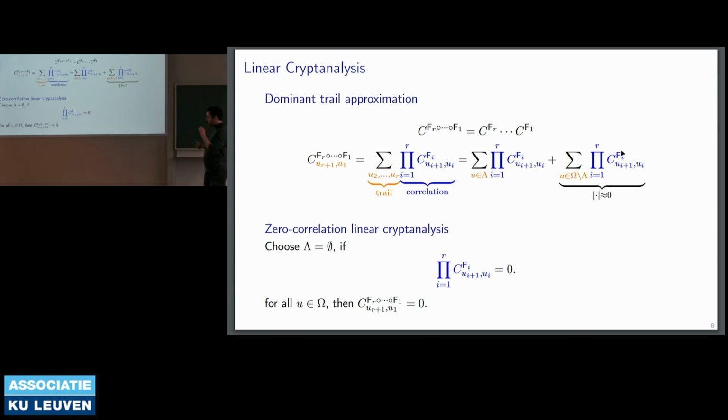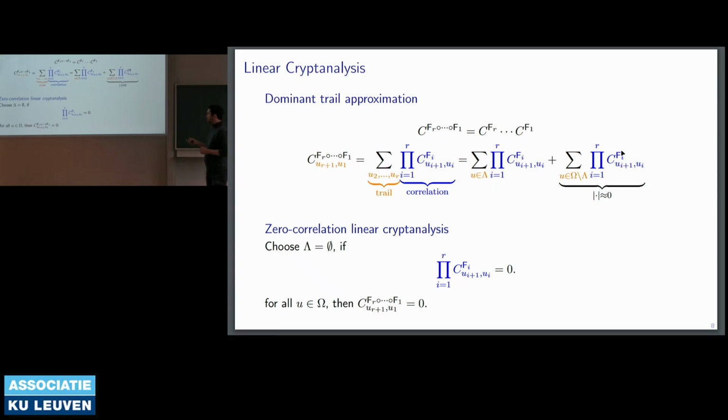Then, if you want to evaluate one of the coordinates of our original correlation matrix, which we can use as a distinguishing property, you can decompose this into a sum over the correlations of trails. Each of these U's is called a mask, and they define a specific trail, so they define a specific coordinate of each individual correlation matrix.